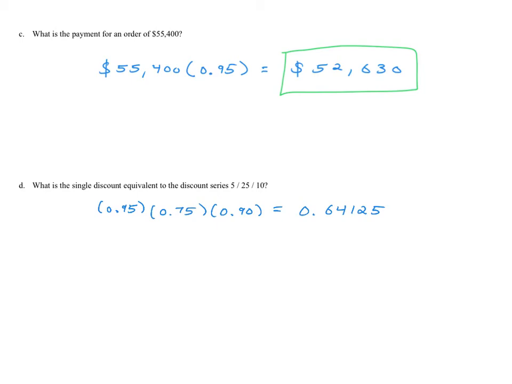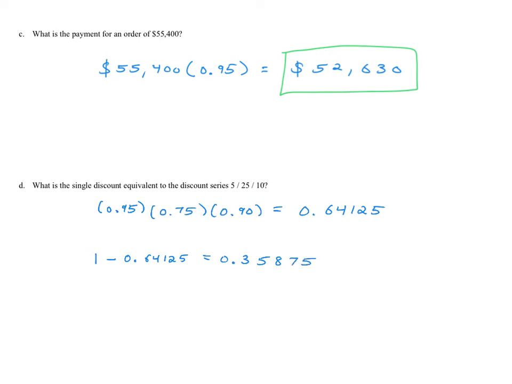The value we get is 0.64125. You could round this if you want to, but I'm just going to list the whole number out with 5 decimal places. If you then take this number and subtract it from what is essentially 100%, which I'm just going to say is 1, what we get is 0.35875.